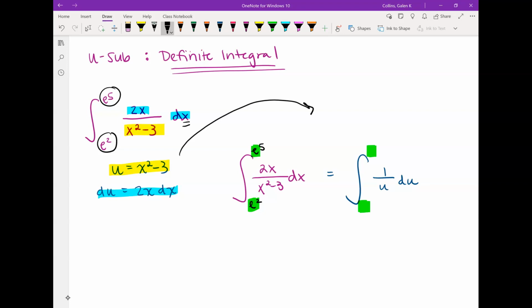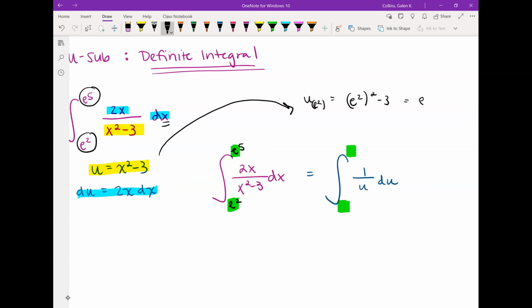u. So for my lower limit, I'm going to substitute e squared in for x. So e squared squared minus 3, that becomes e to the 4th minus 3. So that's my lower limit, e to the 4th minus 3.